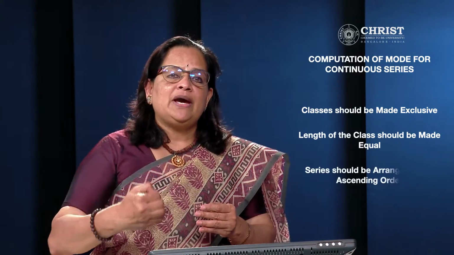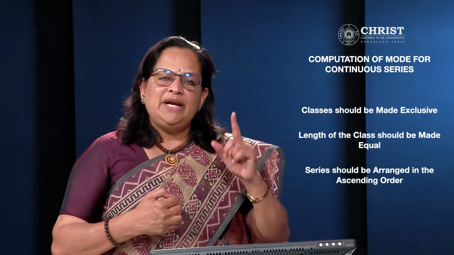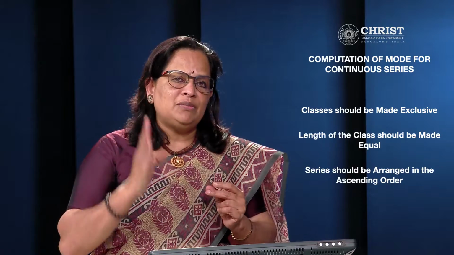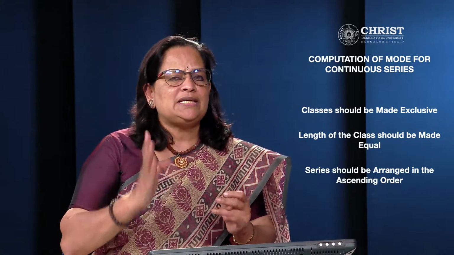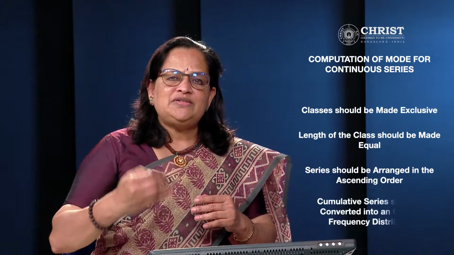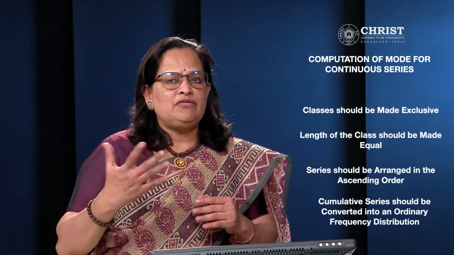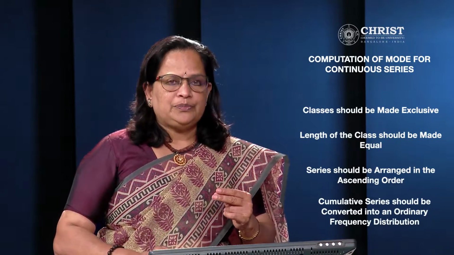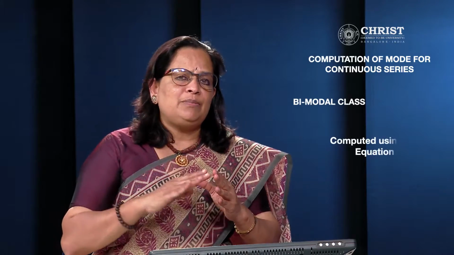Now, the series should be arranged in ascending order. For median, we have seen that ascending or descending order is possible, but for mode you have to remember that it's only ascending order. Then a cumulative series should be converted into an ordinary frequency distribution, always, for computation of mode. Now, if it's a bimodal class in a continuous series, the computation is different.